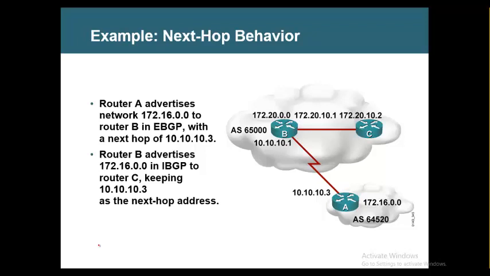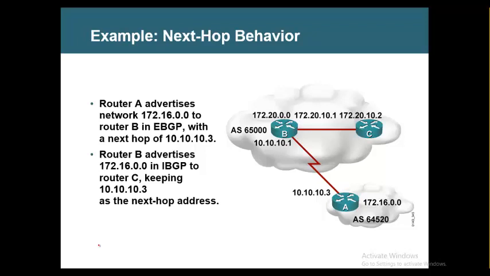Router A is advertising 172.16.0.0 to router B. And the next hop is going to be the default exit interface 10.10.10.3. And when router B advertises that same 172.16.0.0 into iBGP, to router C, router B will not change the next hop with its own address.